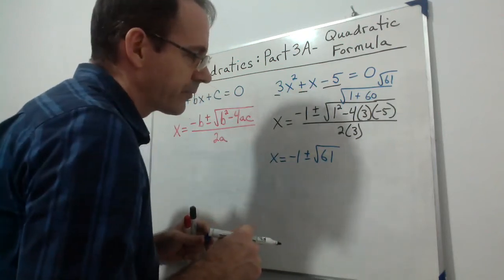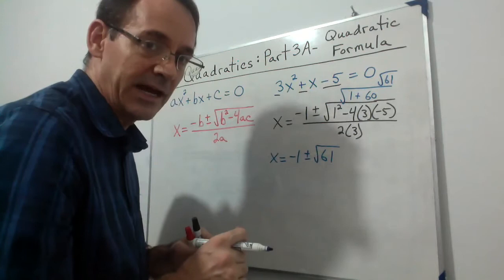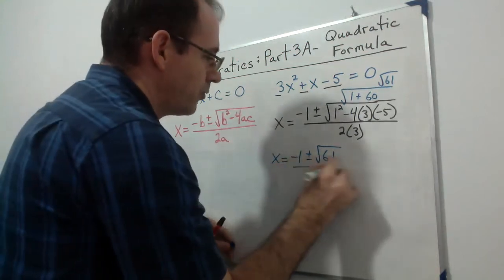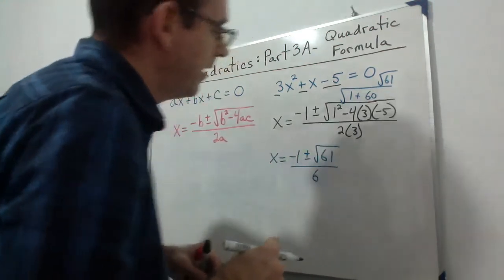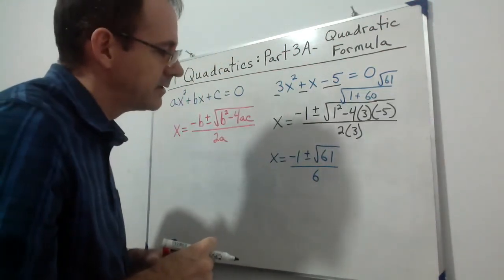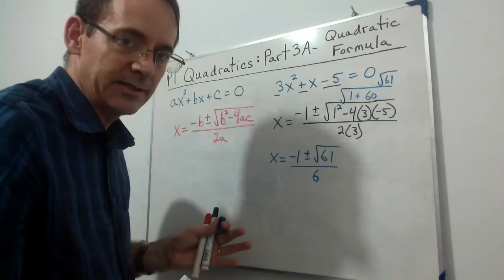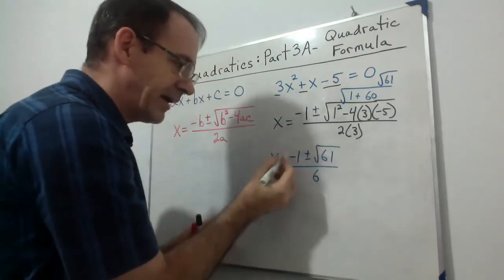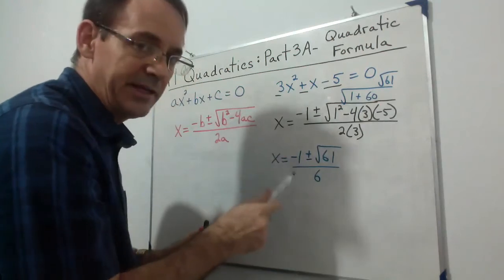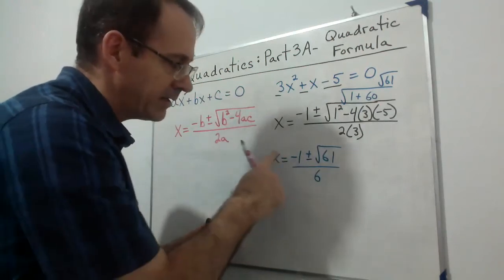So, no, it does not simplify. So 2 times 3 is 6, and it's already simplified because the radical doesn't simplify.